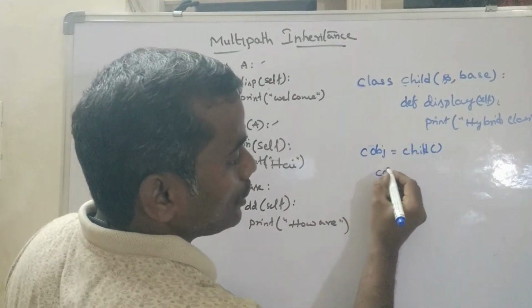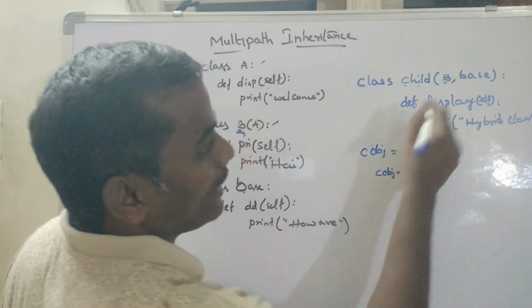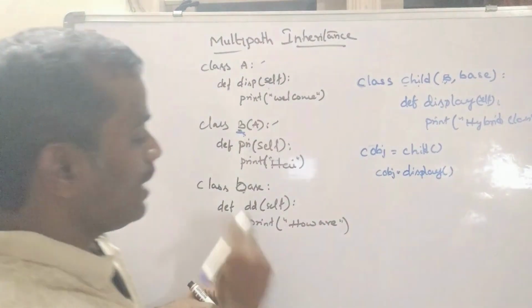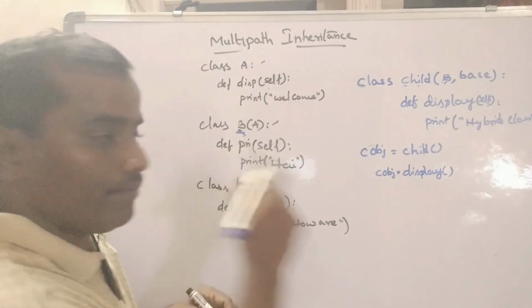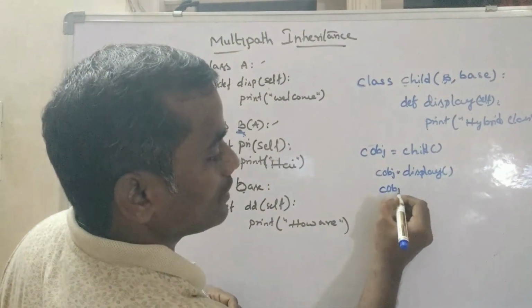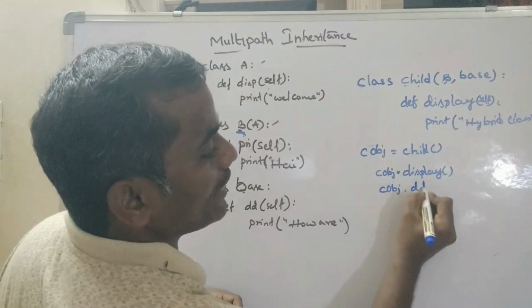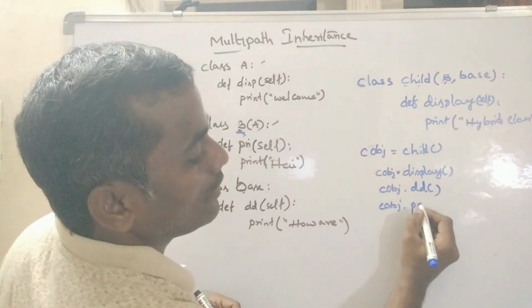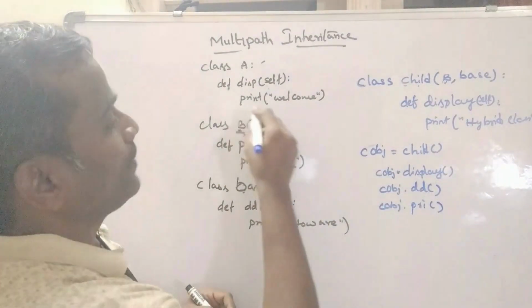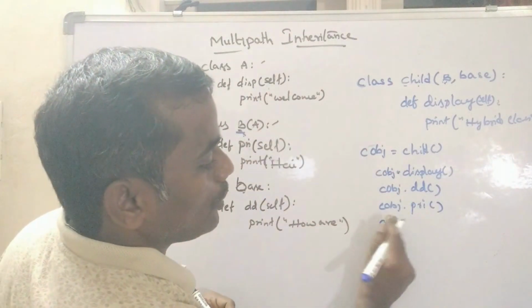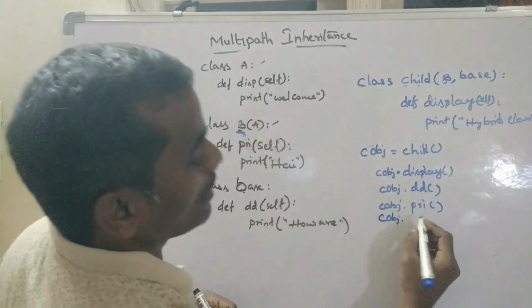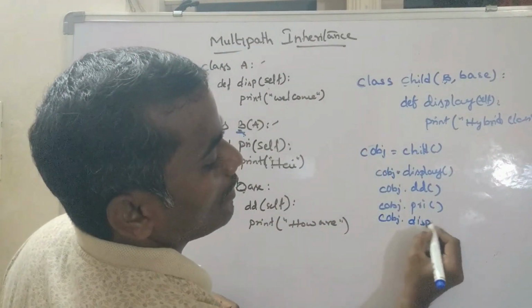Now by using the C object, I can access the display method, from the child class object as well as the base class. C object dot, what is the method name? dd. Same, C object dot print. I can execute this method. Next, what is another method? C object dot display.